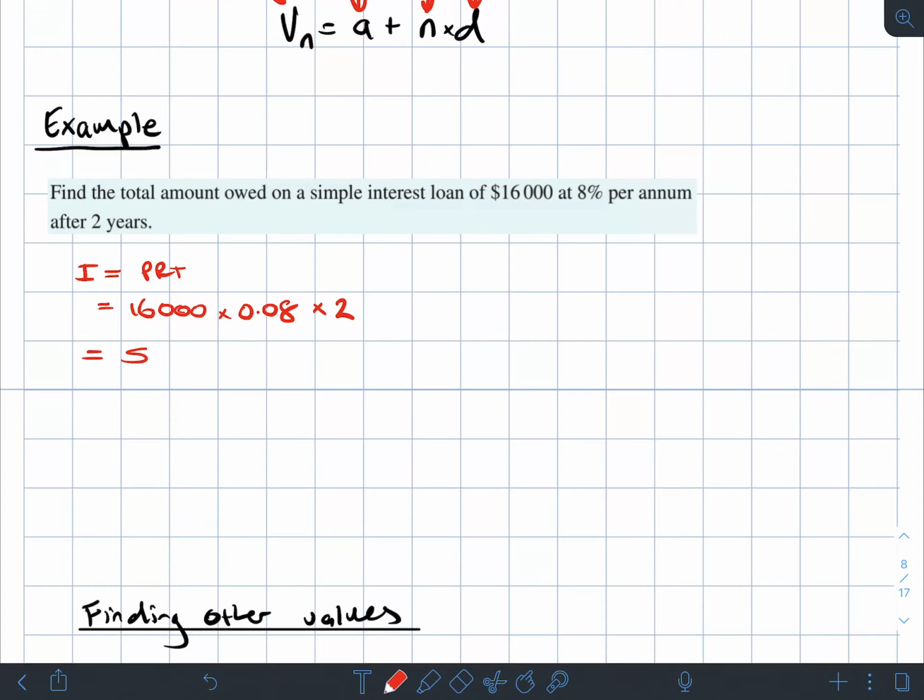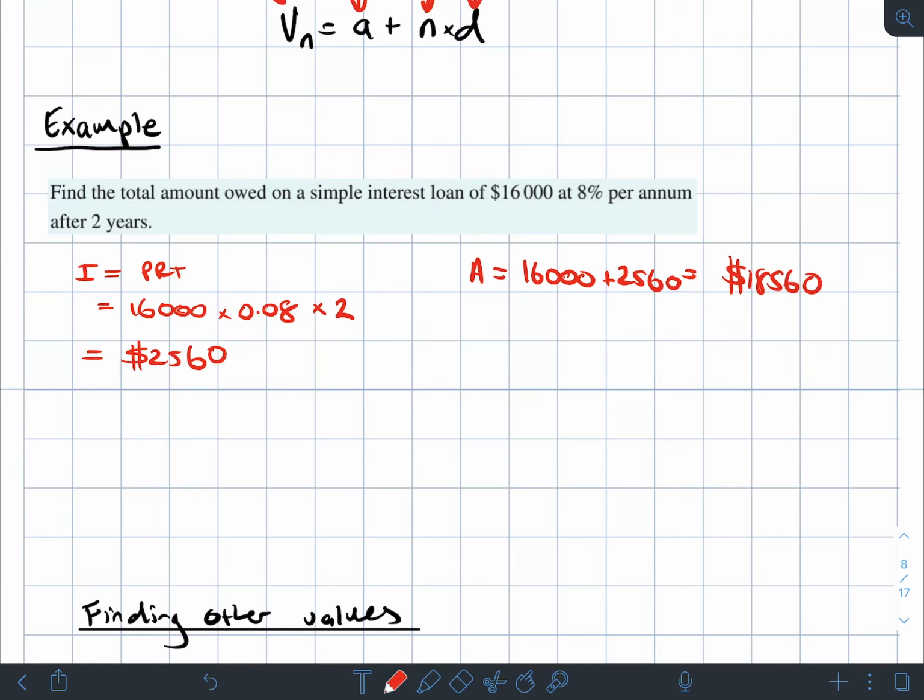So that equals 2560. Now when it refers to the total amount owed, we not only have to pay back the interest, but also the original amount we borrowed. So we can represent that with A, and that is just the principal and the interest added. Pretty straightforward.